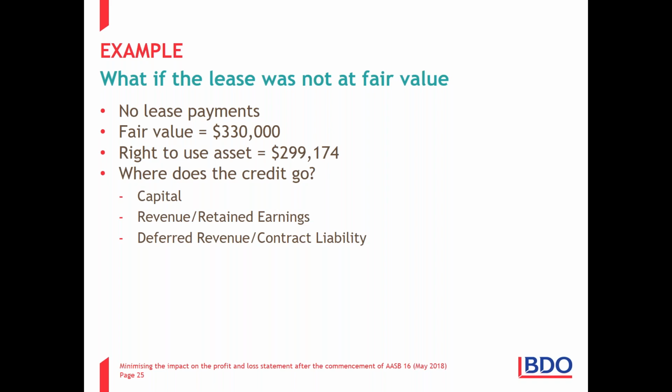And when would it likely be deferred revenue or a contract liability? If the lease contract you have entered into includes the requirement for the school to undertake sufficiently specific performance obligations, then there may be an option to record the credit as a deferred revenue, or what's being referred to in the standards as a contract liability.